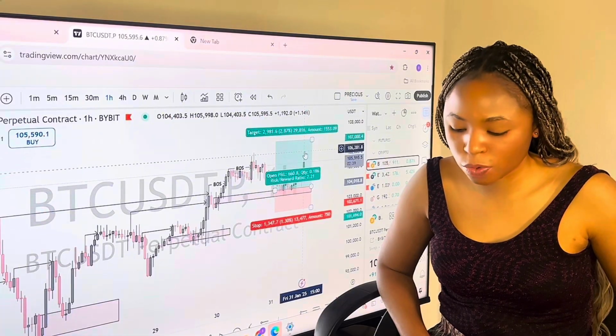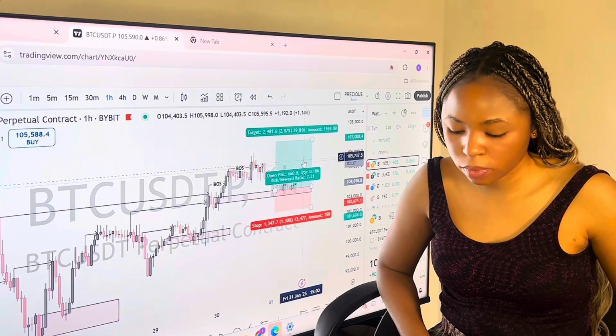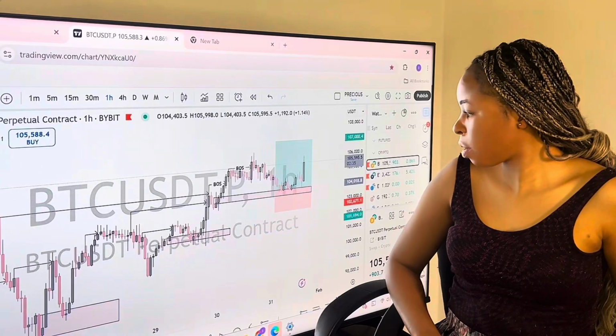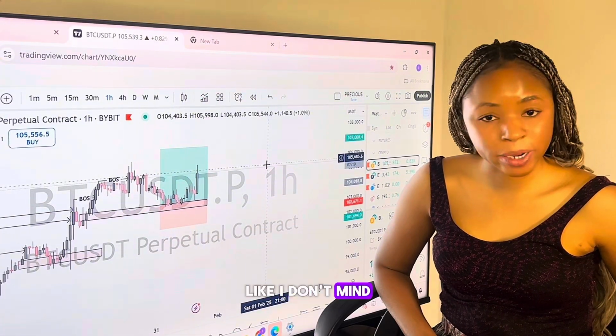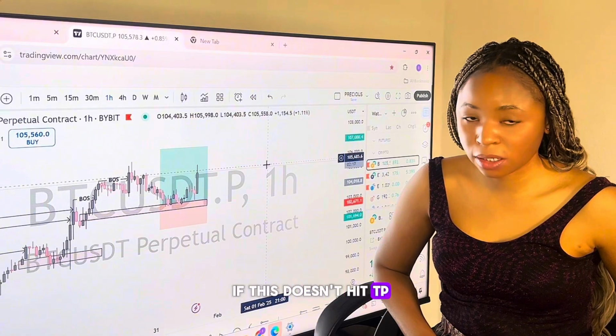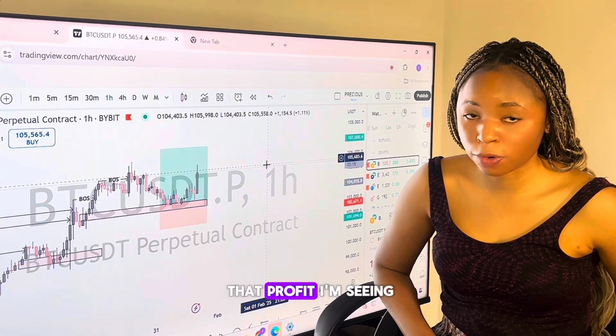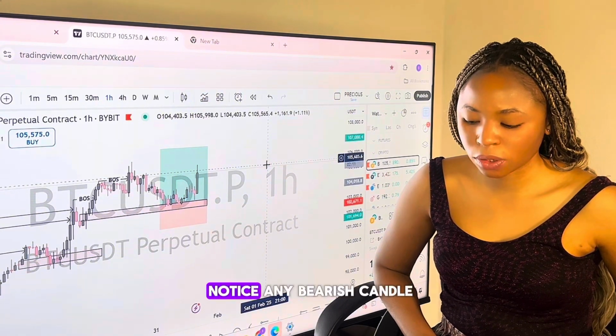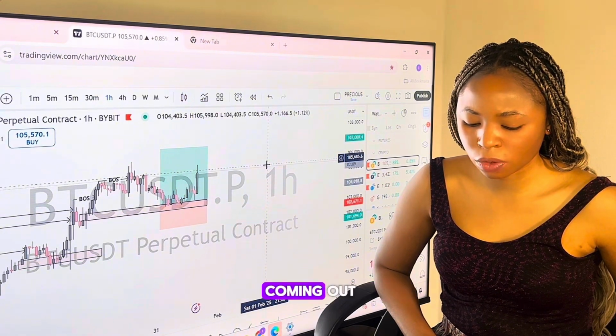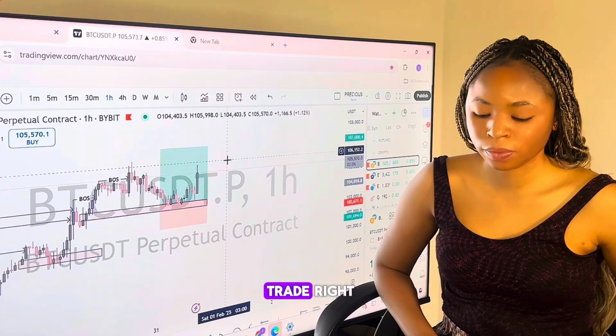I'm noticing this pullback again. You can see it here. Serious pullback. You know what? I don't even mind if this doesn't hit TP, because I feel like the profit I'm seeing there is very good. I don't want to be greedy. If I notice any bearish candle coming out, I'm just ending this trade. Alright?